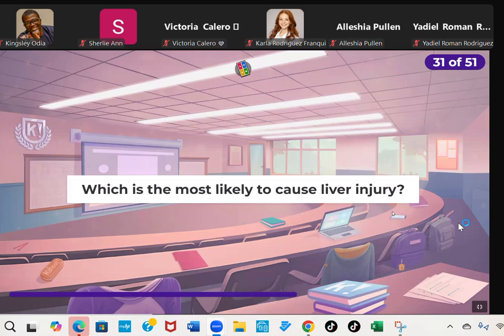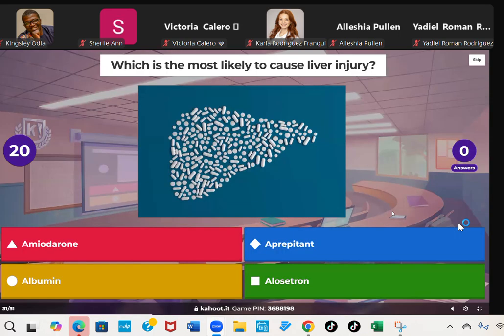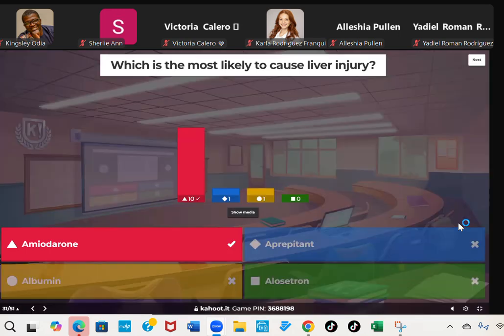Which is the most likely to cause liver injury? Amiodarone, aprepitant, albumin, alosetron. Yes, very good, y'all.